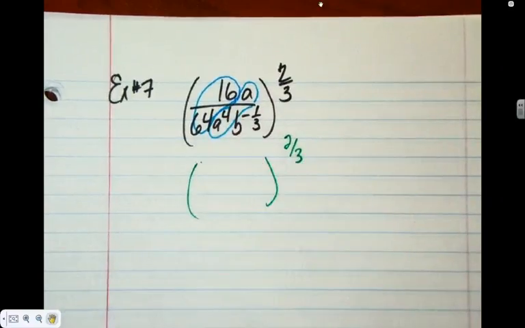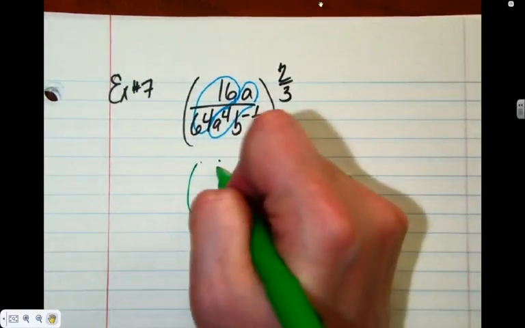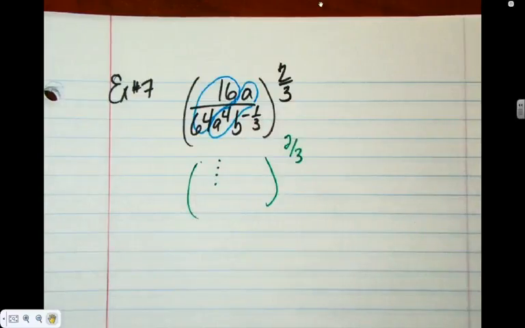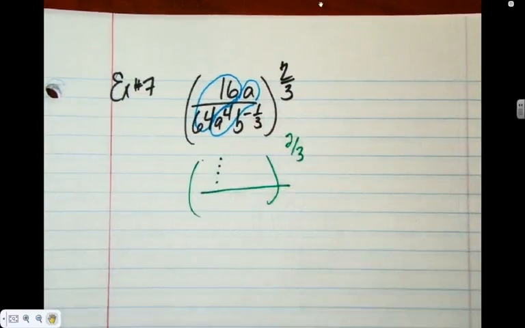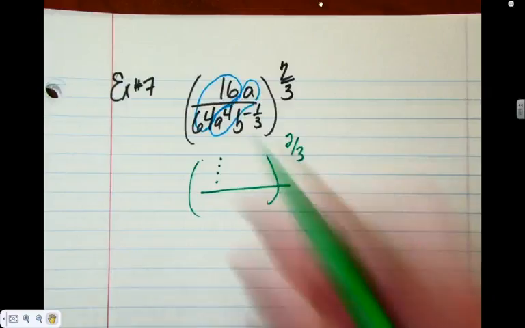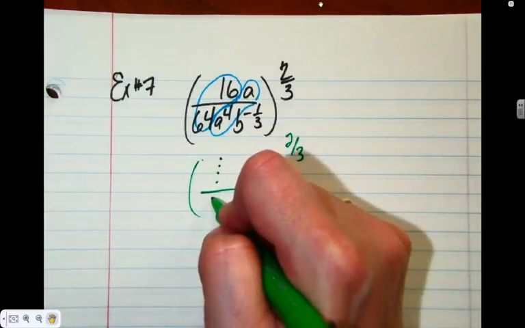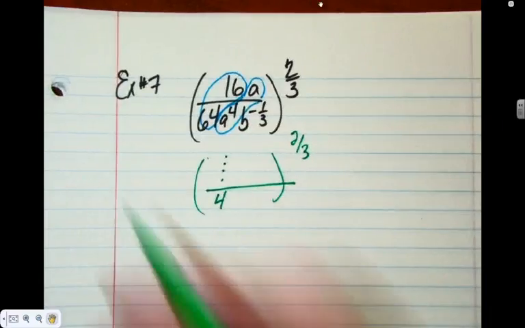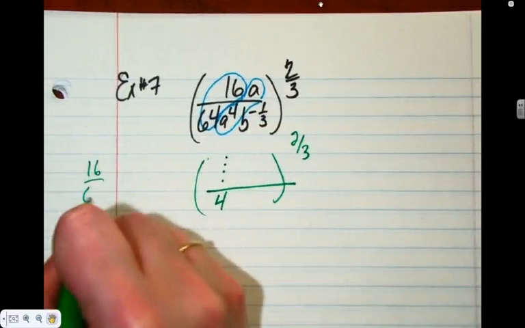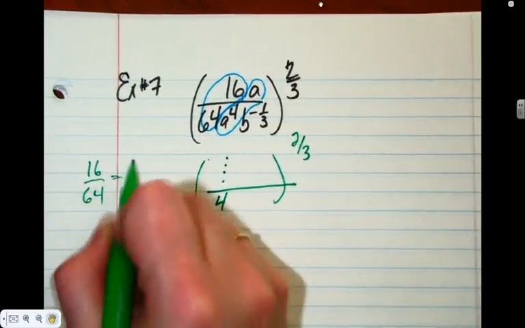So what's 16 divided by 16? And I'm just going to write it as imaginary because we know that it's not there, but it's there. And what's 64 divided by 16? 4. Okay, so if you're not sure where that came from, I'll just do it outside. Okay, so if we reduce it, we get 1/4.